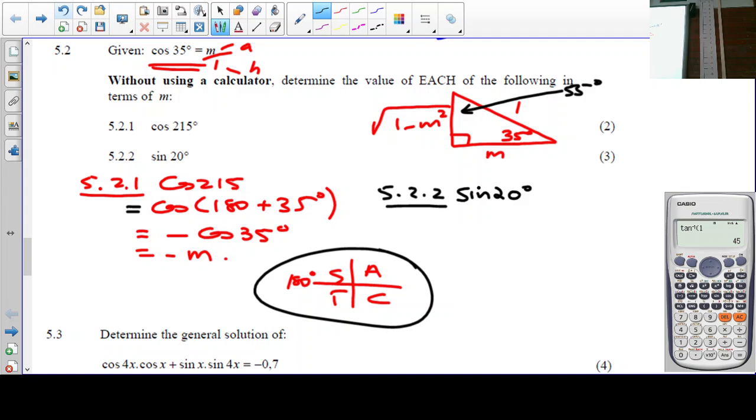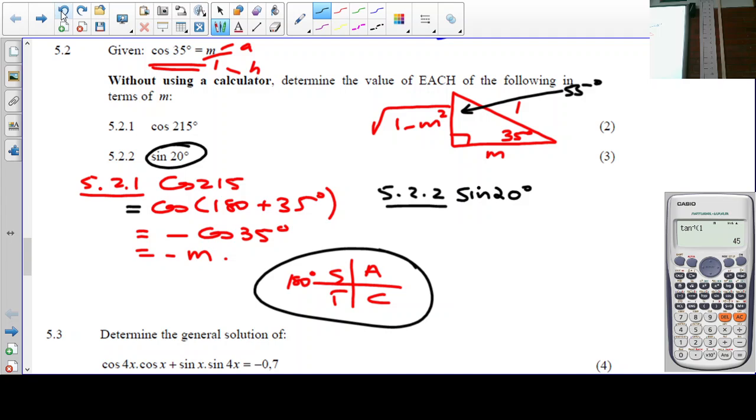But remember, we've got 20 degrees here. We must bring 20 degrees into the story. Isn't 55 minus 35, what is that? 20. That is 20, not so.